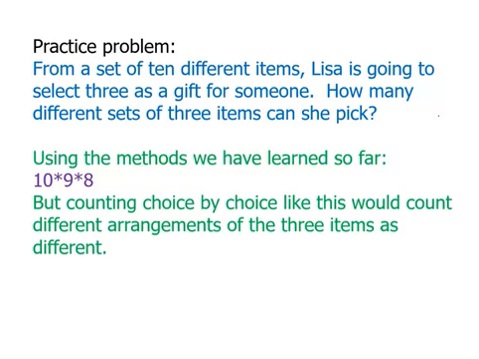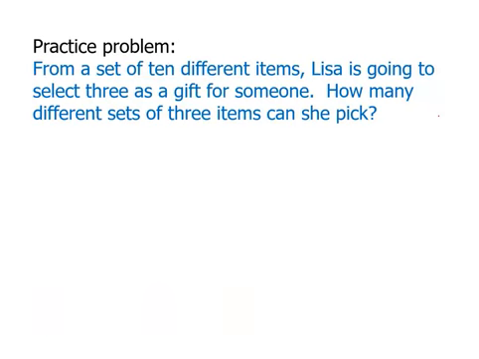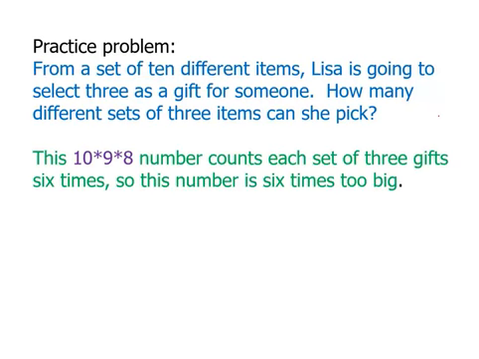We would have overcounted by 3 factorial, or 6, so we have to divide by that. This is an example of the 6 different arrangements of the same 3 gifts. All 6 of those just count as one set of gifts. We don't need to count it 6 times. So the 10 times 9 times 8 is 6 times too big. So we're going to divide 10 times 9 times 8 by 3 factorial.